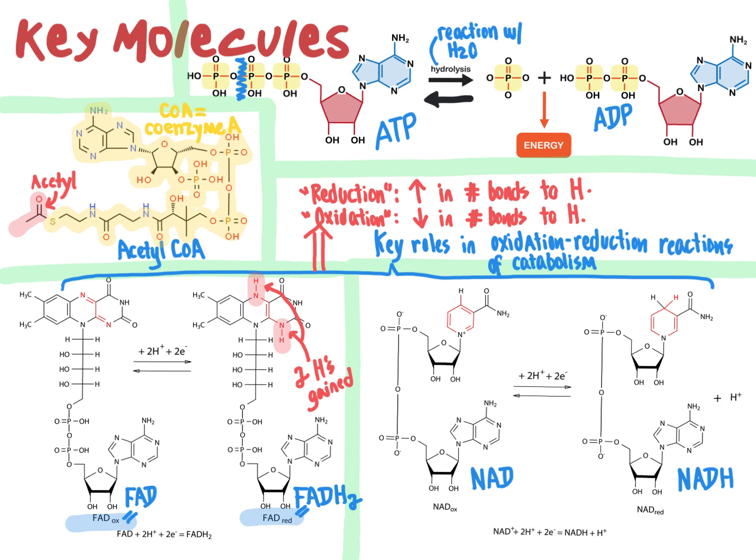During the process of catabolism, these oxidation reduction reactions of FAD are one of the main mechanisms through which ATP will ultimately be generated. Analogously, NAD, which also comes in two flavors, the oxidized form and the reduced form here on the far right, refers to the fact that in looking at the red portion of the molecule here versus here, note that a hydrogen has been gained in going from here over to here.